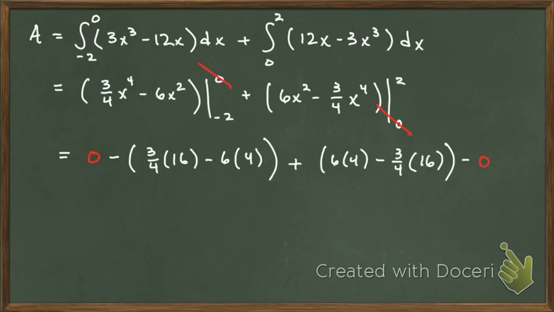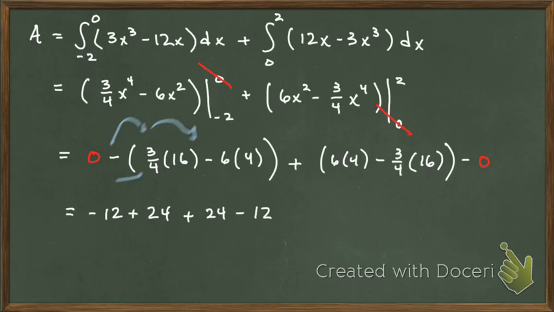So I'm ready to crunch these numbers. I've got negative outside of that first parenthesis there. I need to pay attention to this negative sign here. 3/4 times 16 should give me a 12, and it's negative, minus 24, and that's also negative. So it's -12 plus 24, minus a minus. I've got to distribute that minus sign. And the second integral is just kind of how I read it, 24 minus 12.